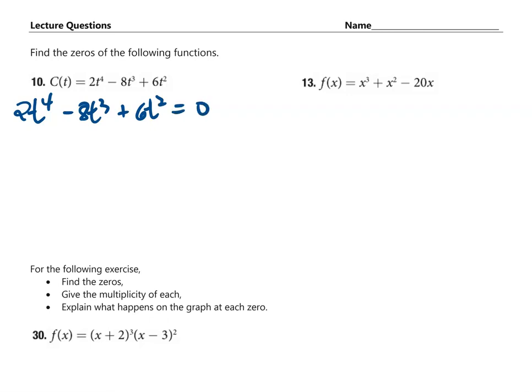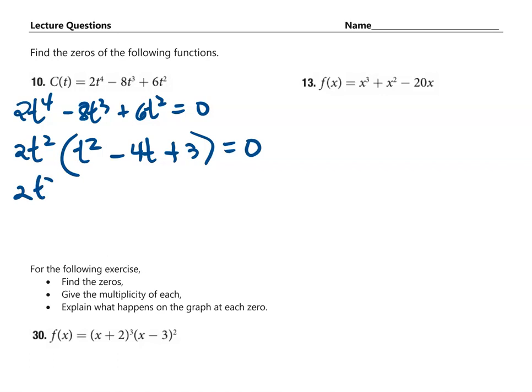Factor. 2, 8, and 6 are all divisible by 2. Each term has t squared, so I can factor out 2t squared. Then divide each term by 2t squared. So this is t squared minus 4t plus 3 is equal to 0.